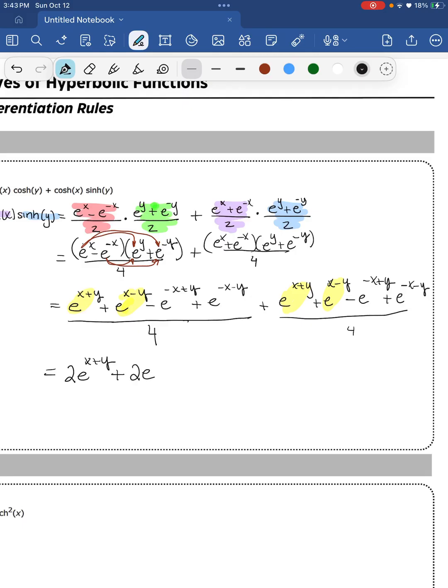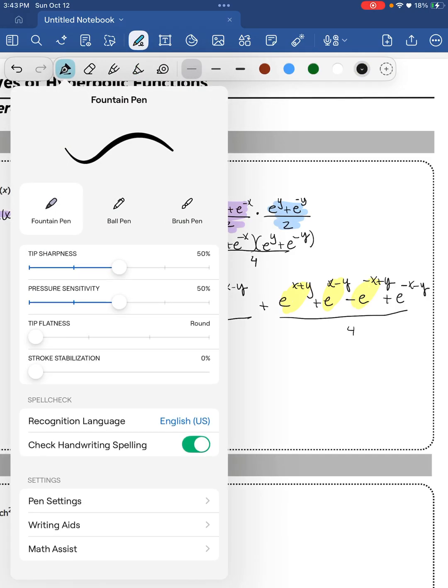So we end up with x times e to the y, which is e to the x plus y, x times negative, so this would be negative. So that puts us at negative e to the x minus y.